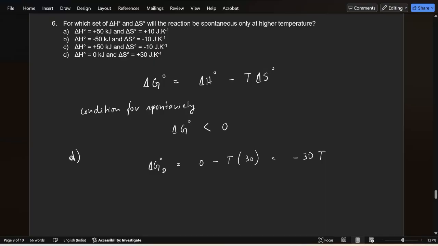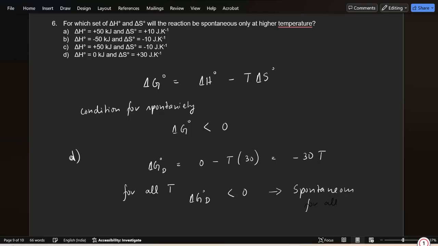So for all T, delta G not D is going to be less than 0. That means it's going to be spontaneous for all temperature. So this is not the answer.